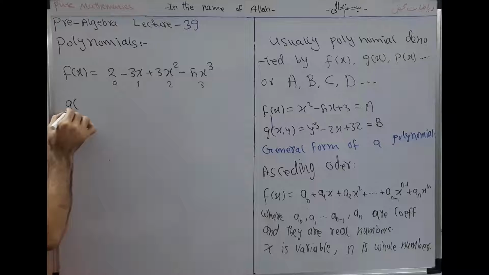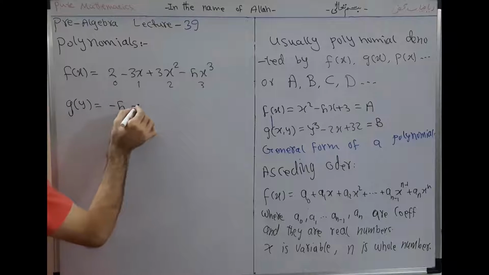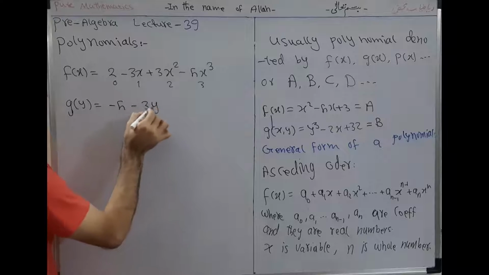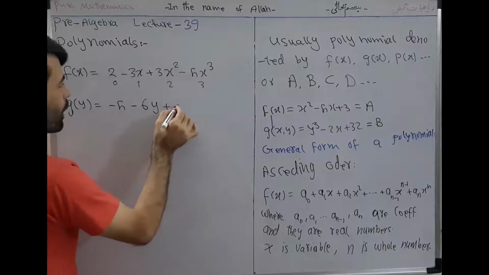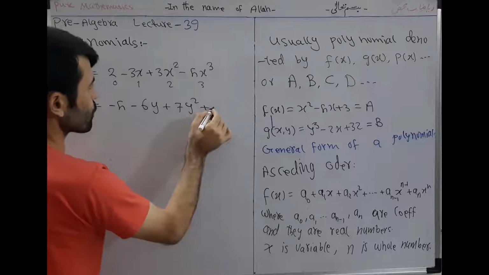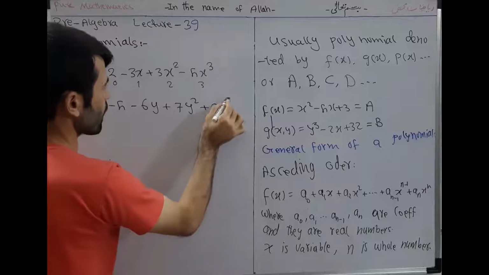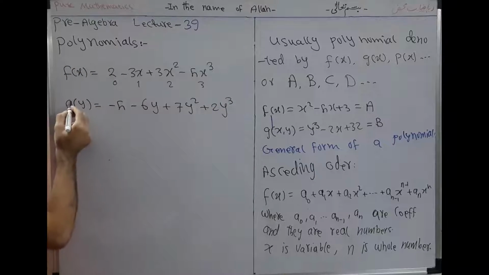g of y is equal to minus 5 minus 3y, or we can write minus 6y plus 7y squared plus 2y to the power 3 and so on. It is g of y.